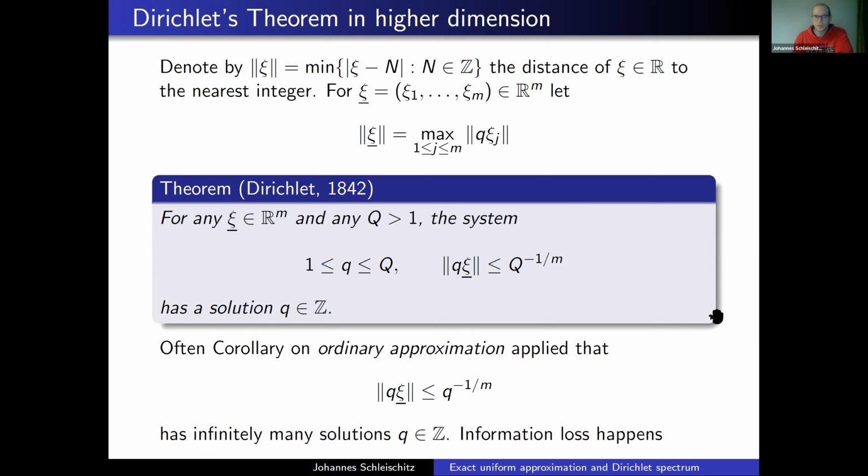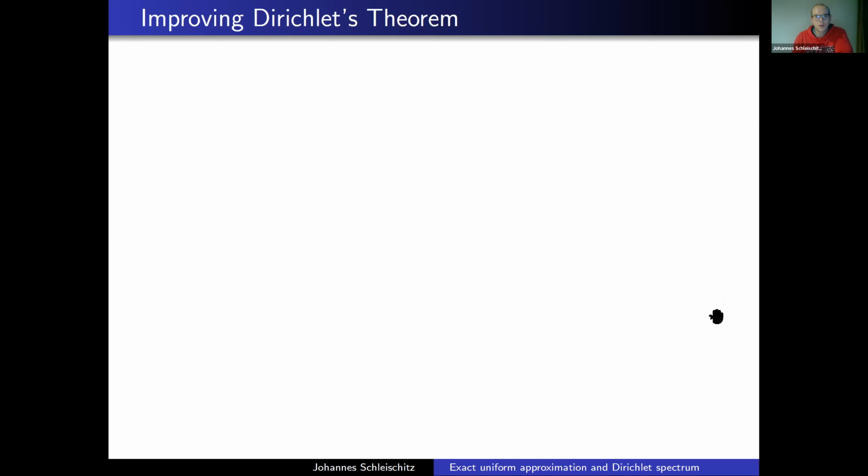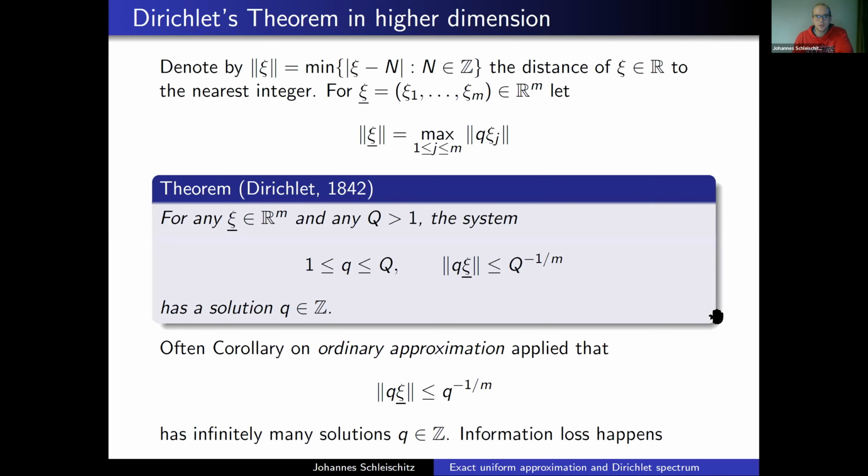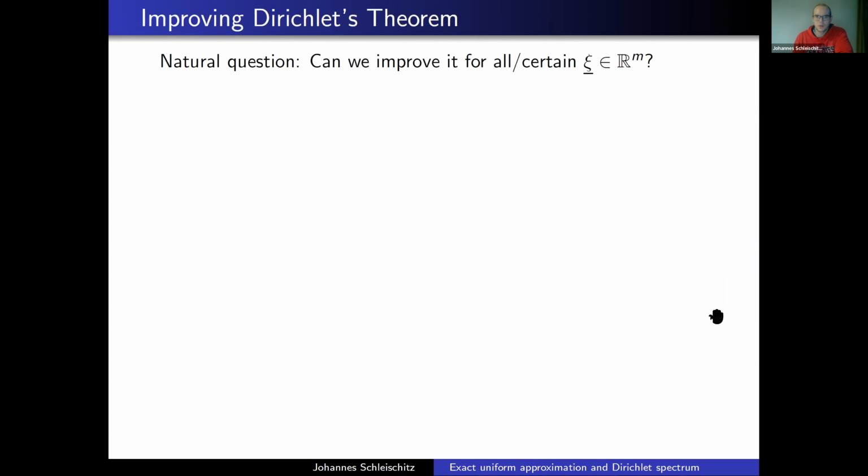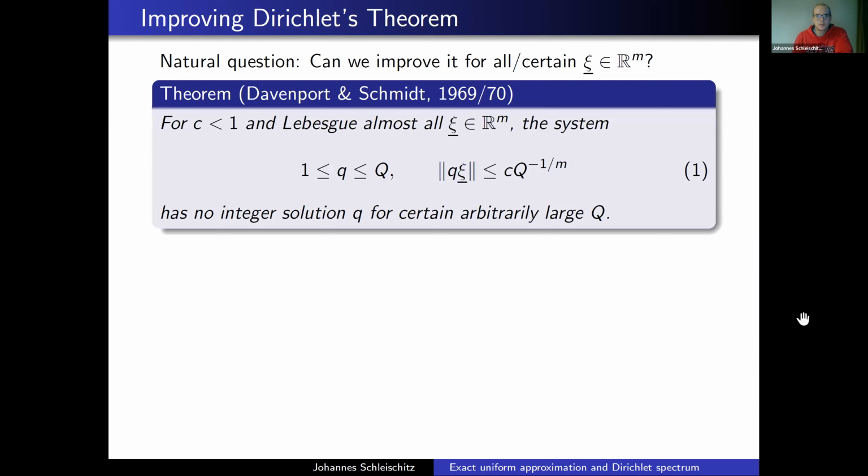Okay, so if there are no questions, I will go on. The question is, how can we maybe improve on this Dirichlet theorem for all or certain psi vectors? For almost all we cannot.